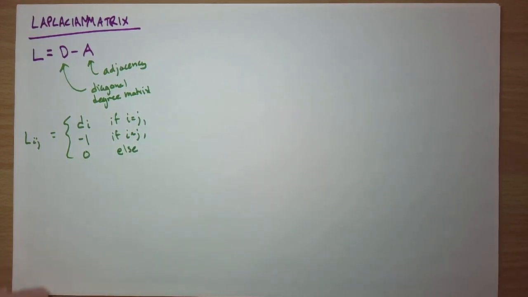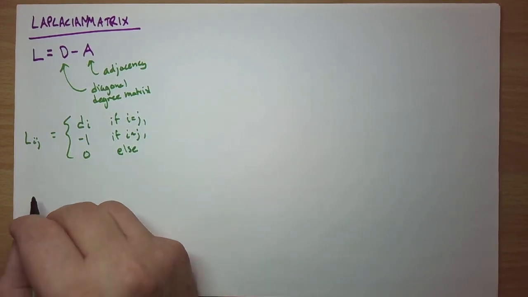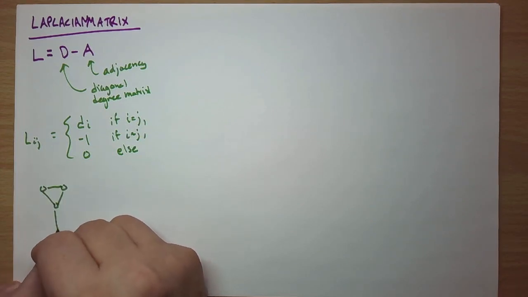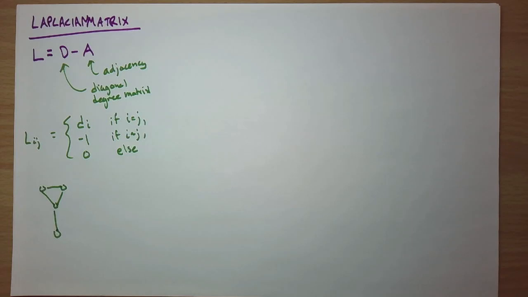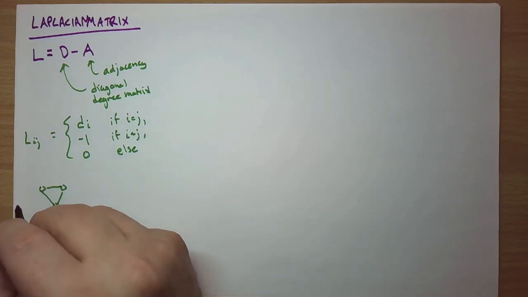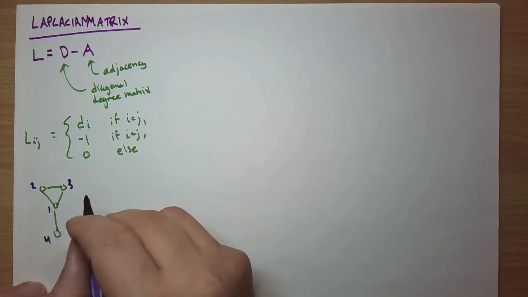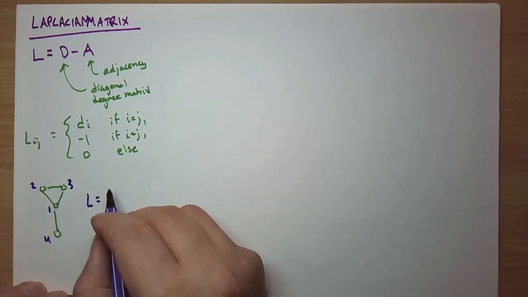So this is what it looks like. We can start with our paw graph. This is a classic example, not because it's that incredibly useful, but because it's super easy to draw. So label your vertices 1, 2, 3, 4. And what do we have?